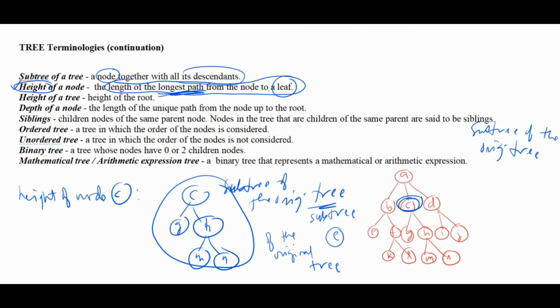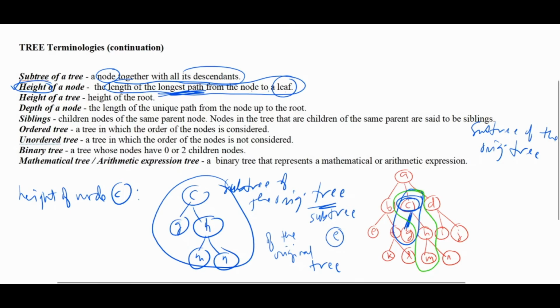So from node C to a leaf, this is one path. And another path from the node C to a leaf is this one, from the node C to a leaf, M. So that's another path.